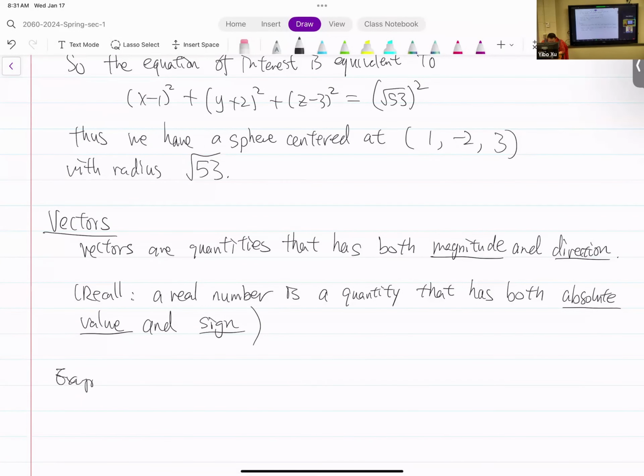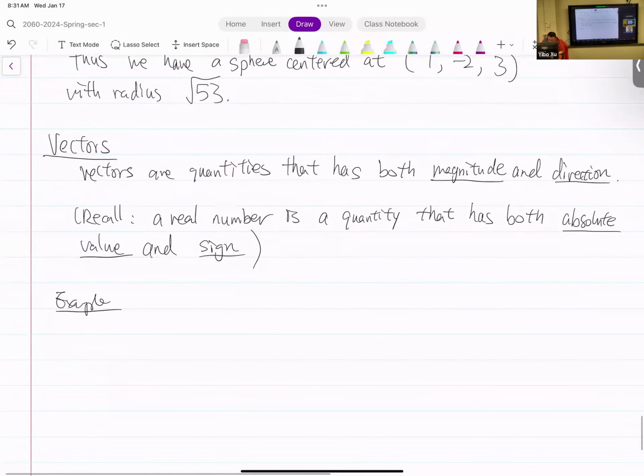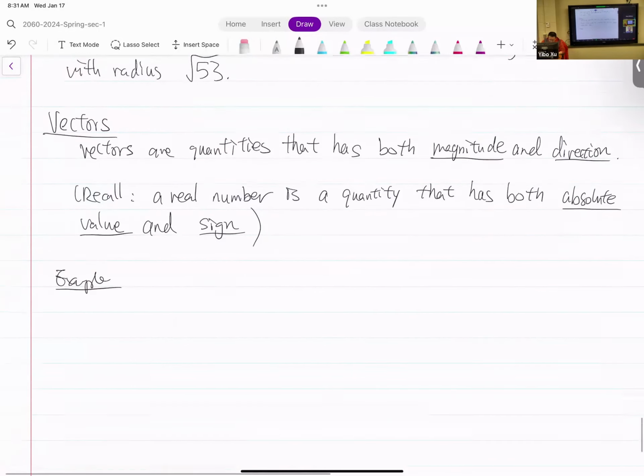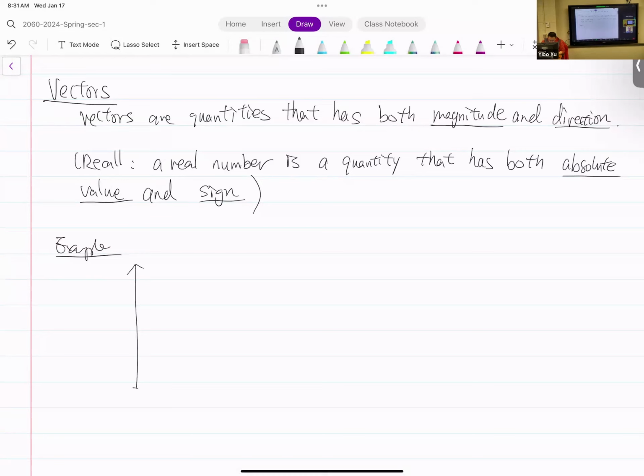Example. So now there are two things, right? The magnitude and direction. Okay. So if we think about it, for whatever a vector, there's always a starting point and there's always an ending point.